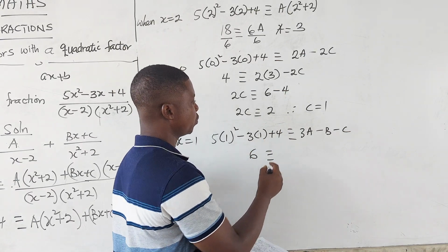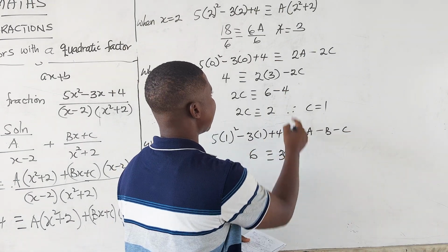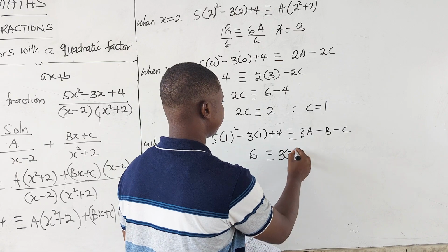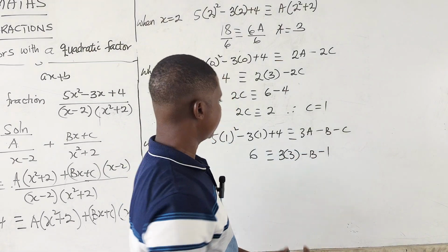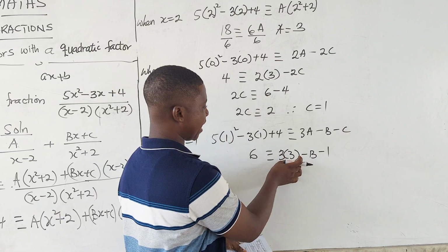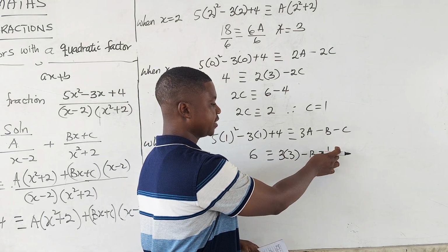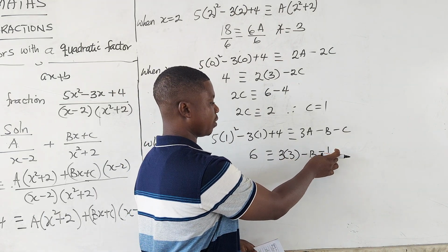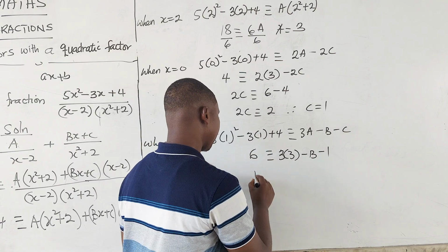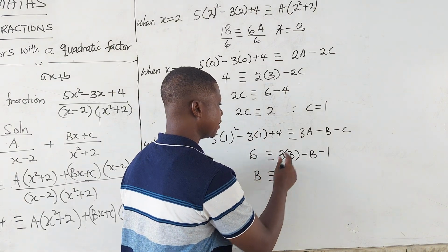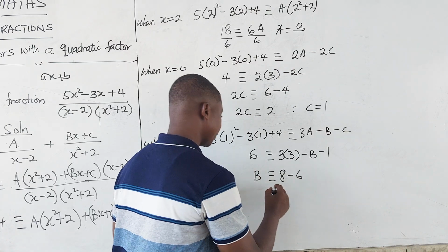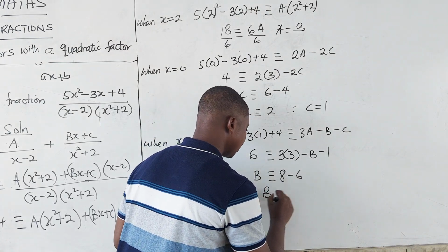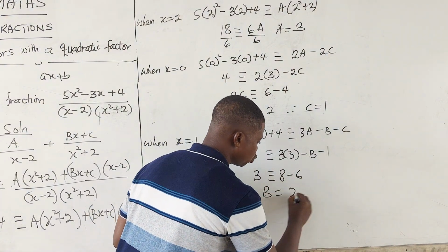It should be equivalent to 3 times A, which is 3, minus b, and my c is 1. So I have 9 here. 9 minus 1 will give me 8. So I'm bringing my b here. So 8 minus 6, b will give me 2.